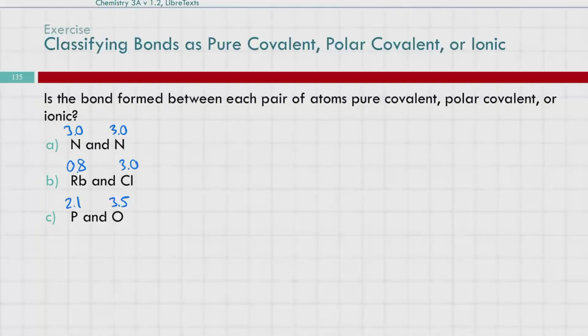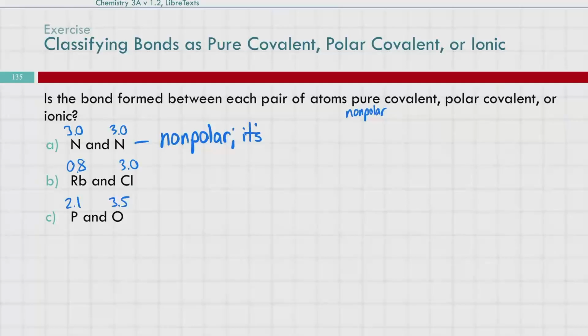Looking at these bonds, trying to identify them as pure covalent, which is nonpolar, polar covalent, or ionic. Looking at nitrogen bonded to nitrogen, it's the same thing. They're going to have the same electronegativity values no matter what they are. So this is going to be nonpolar.